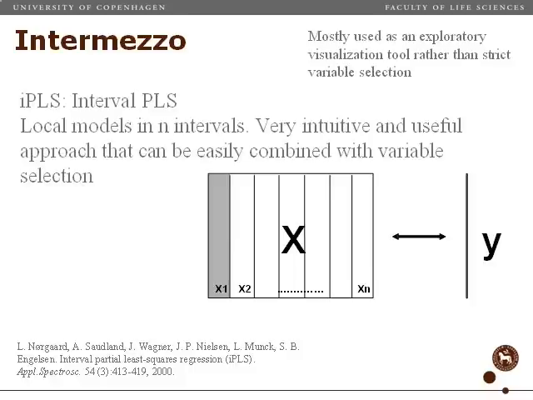Before we move on to forward selection, backward selection, we will discuss another variable selection approach that was developed some years ago, which is called iPLS, or interval PLS. The idea in interval PLS is very simple. It's mainly a tool that is useful for continuous data, such as spectral data.